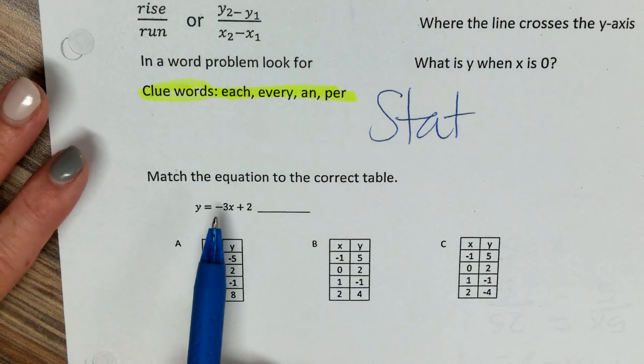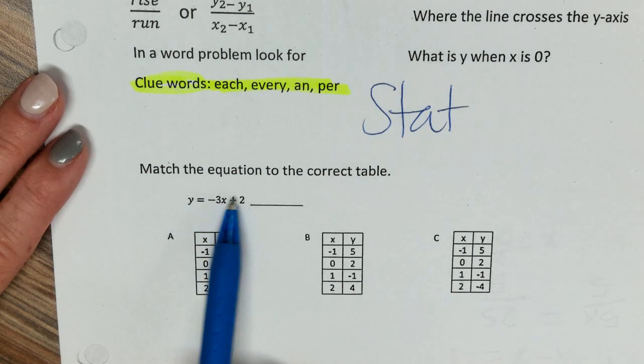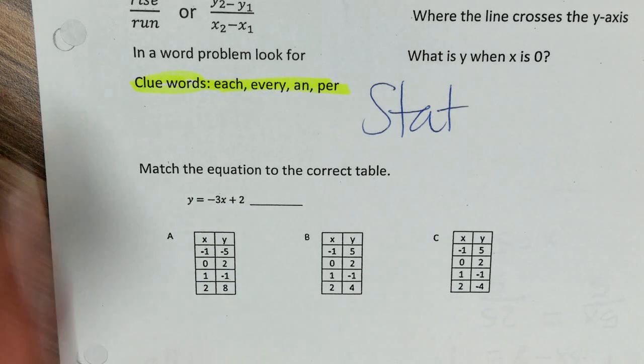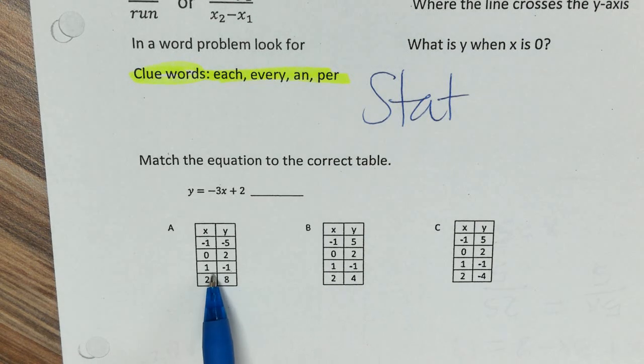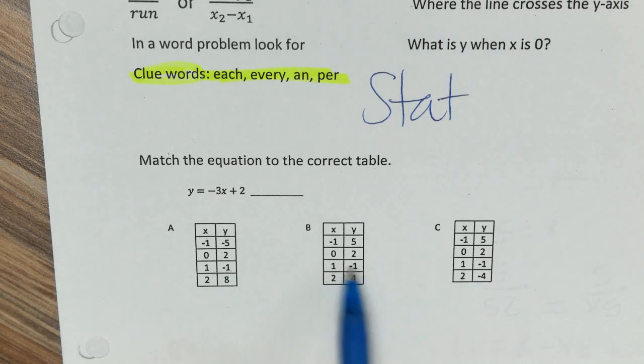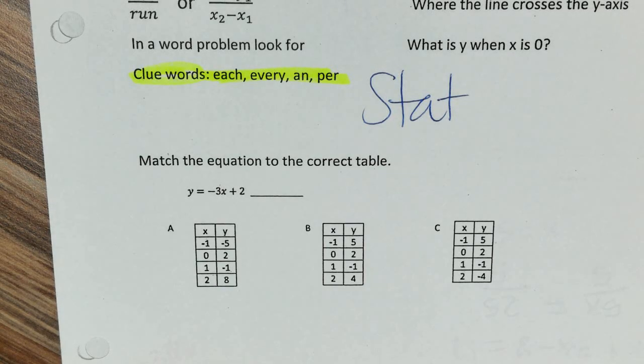They want you in this example to match this equation with the table. Who can tell me, based off of what I taught you, what would be the easiest way to do it? There are two ways to do this with your calculator. Okay, if I use stat, I would have to do stat to each answer choice. Would that work? Yes. Give me another way I could do this.